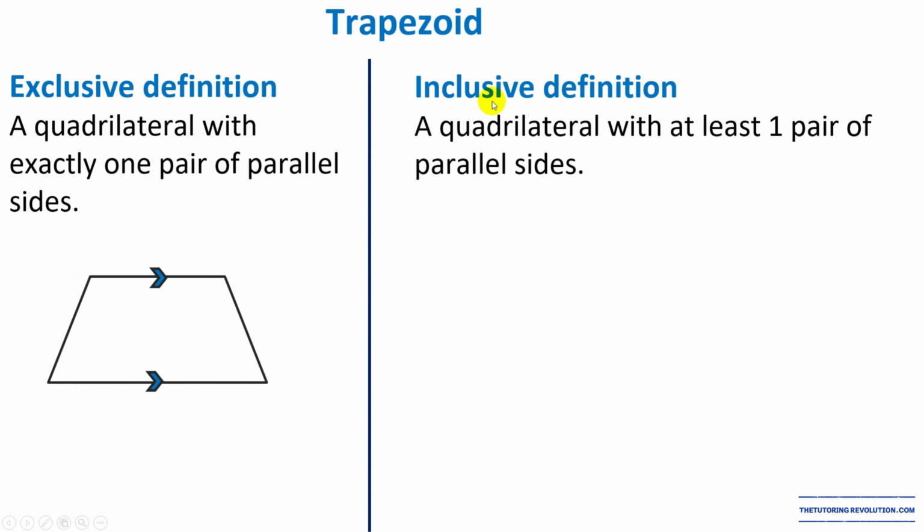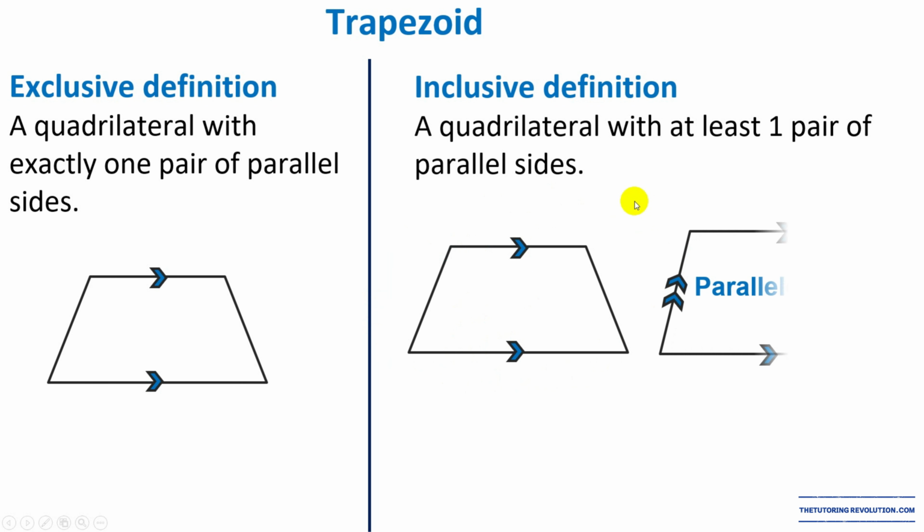According to the inclusive definition, a trapezoid is a quadrilateral with at least one pair of parallel sides, which means that this could be a trapezoid because it has one pair of parallel sides, but also a parallelogram is a trapezoid because a parallelogram has at least one pair of parallel sides.